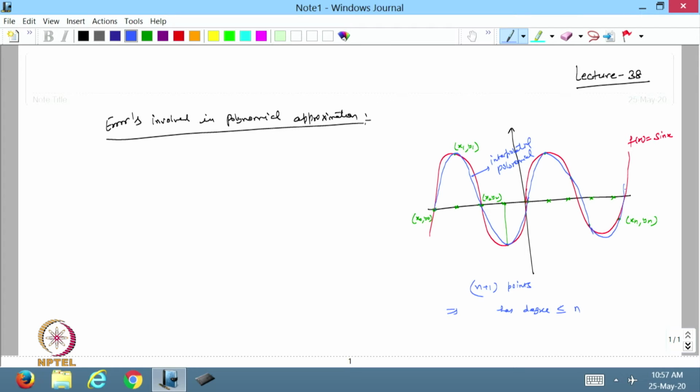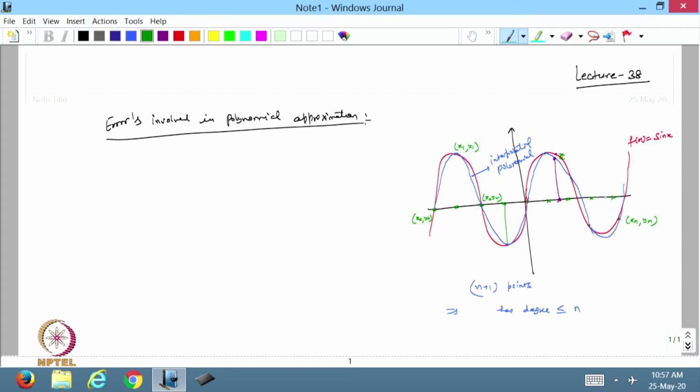Now, somebody asks me what is the value of the function for this value of x. If I take this value of x, this is the value I am going to get when I put this point in the interpolating polynomial, but the actual value for this value of x was this one. So, from here I can say that this is the error involved in this case.